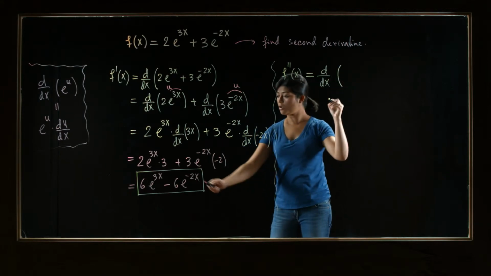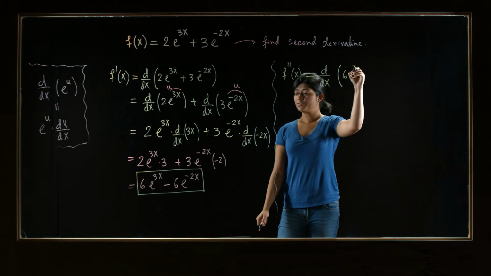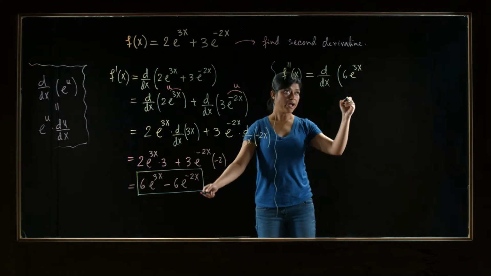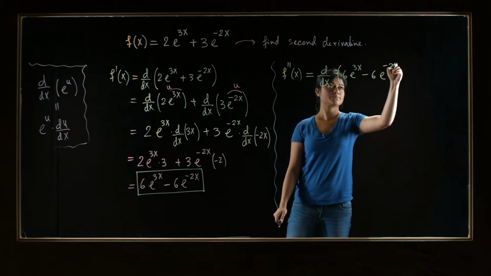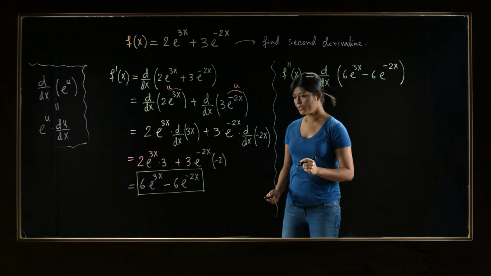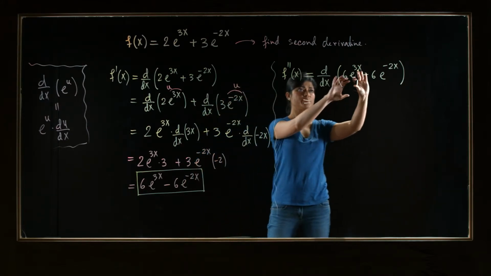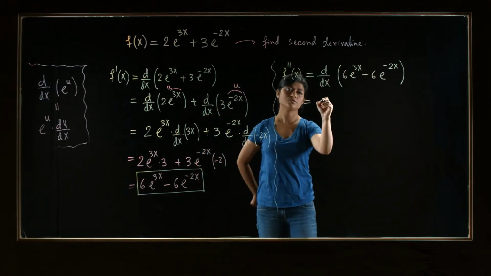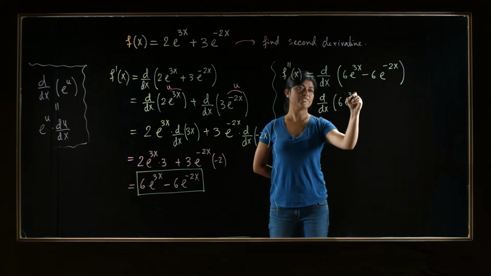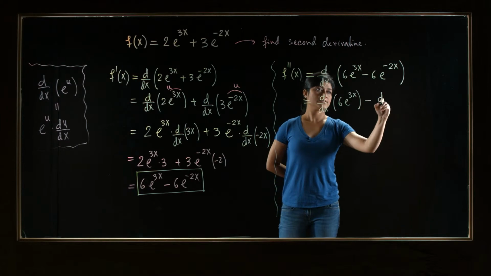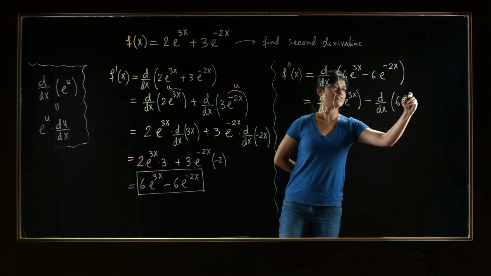So, d dx of this last expression that we have: 6e to the 3x minus 6e to the negative 2x. All right. And we follow the same way. We first split it into two separate derivatives. So, we have d dx of 6e to the 3x minus d dx of 6e to the negative 2x.